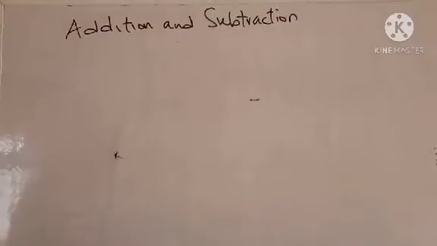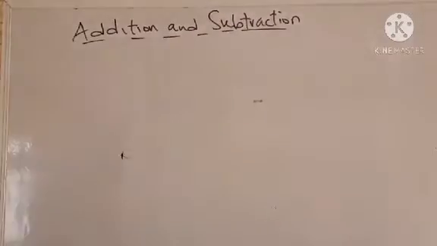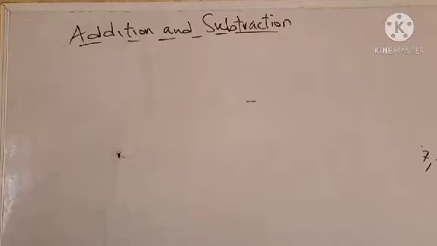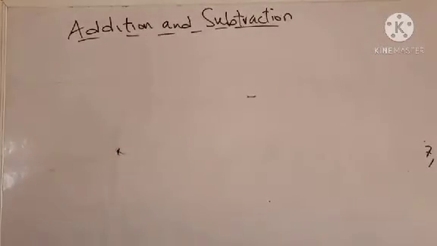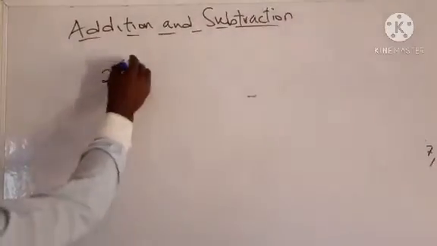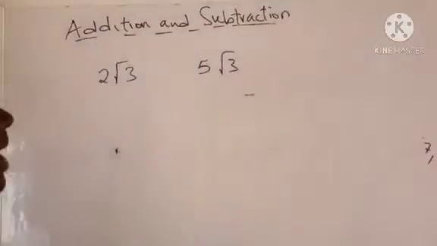Okay, so let's move to addition and subtraction of surds. Two or more surds can be added together or subtracted from one another if they are like. 2 root 3 and 5 root 3 are like. Why?